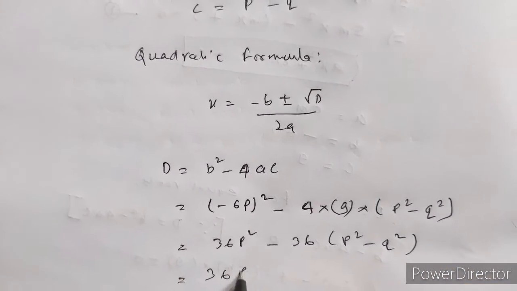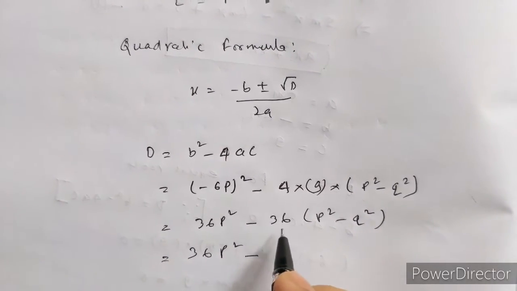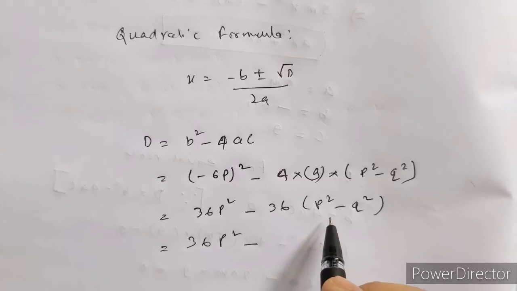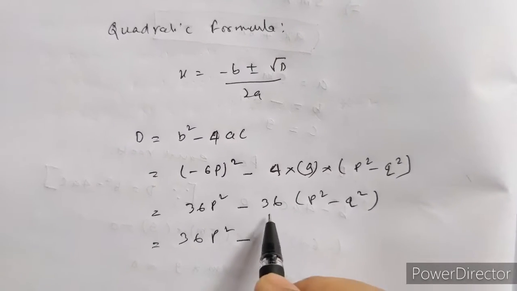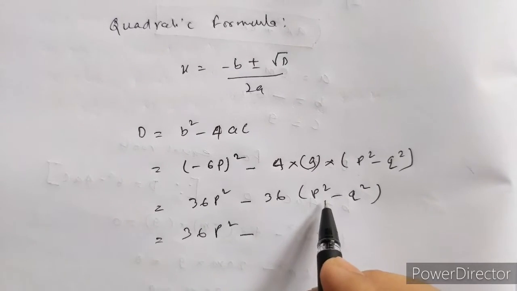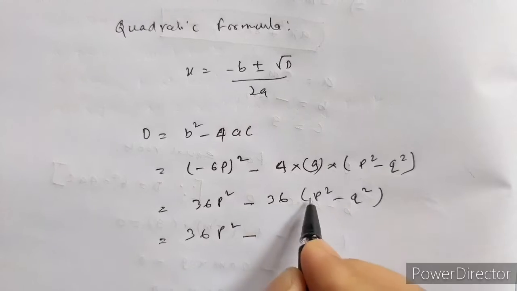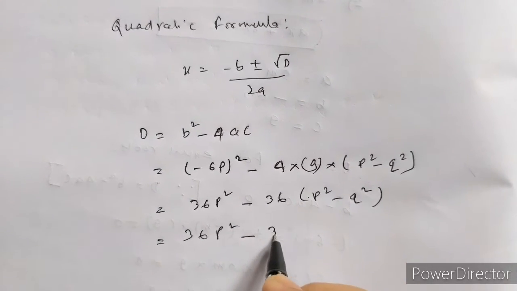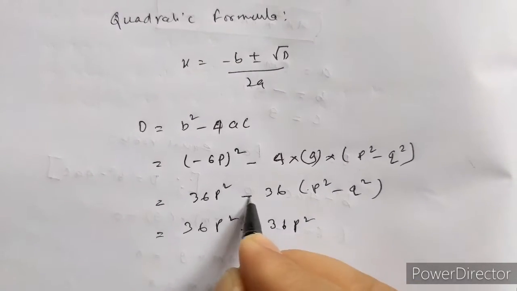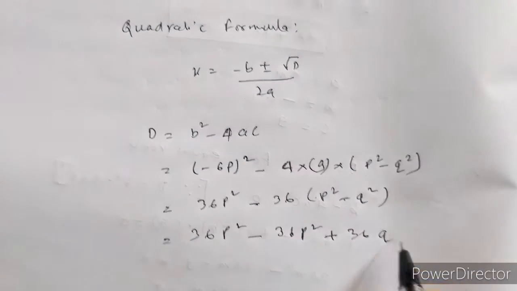So 36 p square minus, if you break this bracket, then 36 will multiply both p square as well as q square. So this will become minus into plus, minus 36 p square. So minus into minus, this will be plus 36 q square.